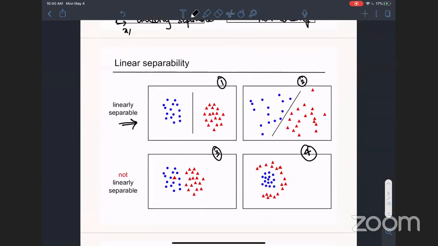In this topic, we'll also look into data which are non-linearly separable. So for example, in plot 3, it happens to be linear in terms of looking at the model, but you can see there's a small triangle which is in between the circles, right? So we are going to talk about whether you want to learn these complex decision boundaries where you would want to classify accurately, or you think that this might be an outlier.